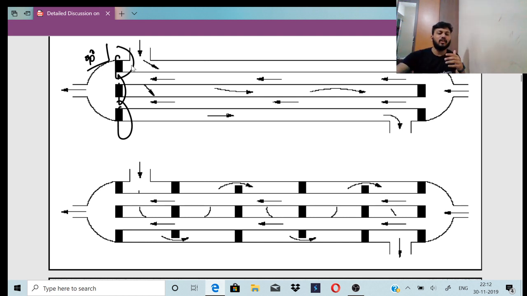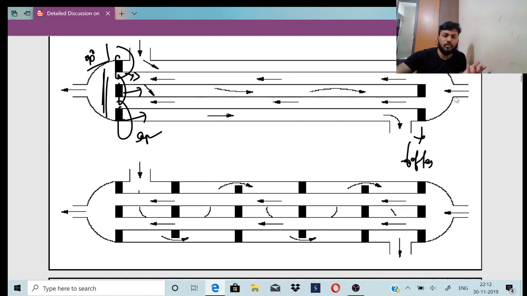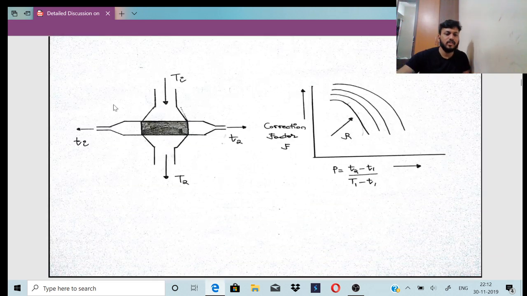If the mixing of hot and cold fluid happens, you cannot experience a heat exchange or a temperature difference. So the heat exchangers will have something called separators or baffles, which direct the flow of the fluid or obstruct the flow of the fluid from entering or physically mixing with each other, right?